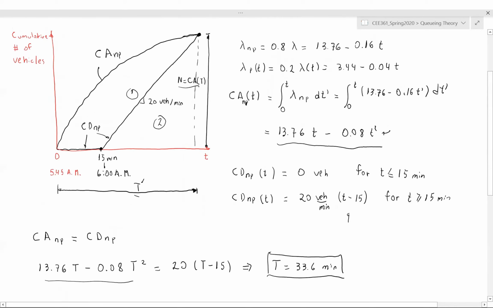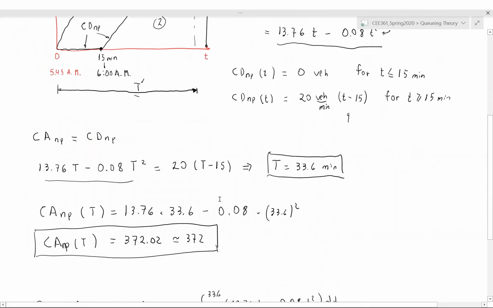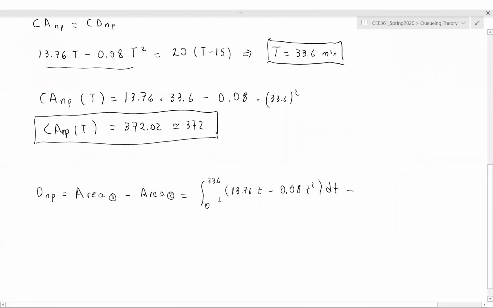And remember, the area of the triangle has a base of t and a height of n, or cumulative arrivals of t. We have both values. So one is 372.02 vehicles, and then the area.